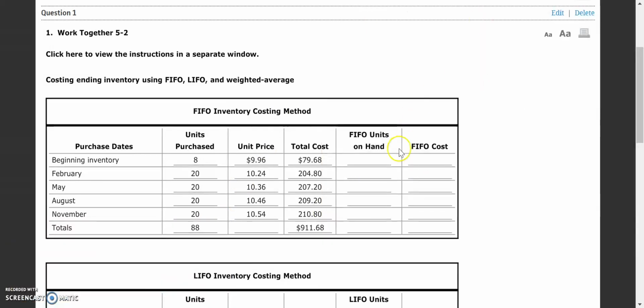So we're going to plug the 34 in right here because that's the number of units that we have on hand. So we need to work backwards until we get 34 units. So we start here, we're going to use all 20 of the November units. So the 20 units that were at $10.54, that's still our total of $210.80.